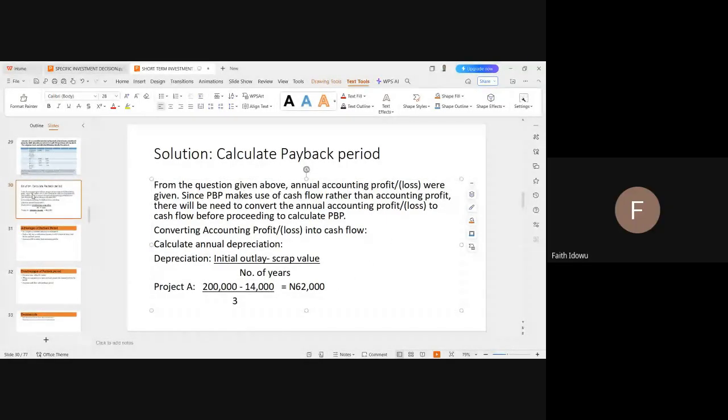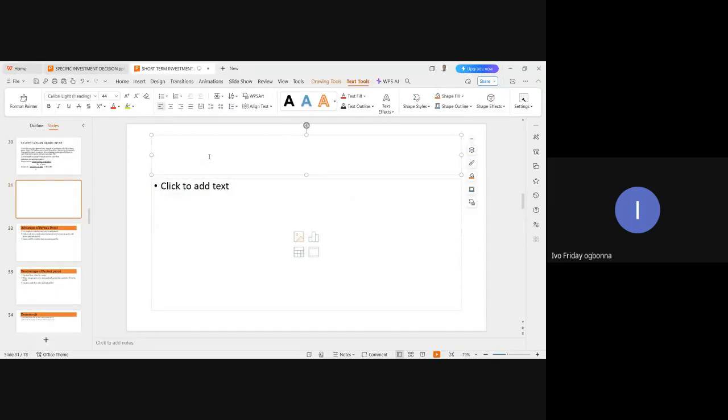So we've determined our depreciation for project A to be 62,000. What next are we going to do? Add it back to the profit. Calculate annual cash flow. How do you calculate annual cash flow?